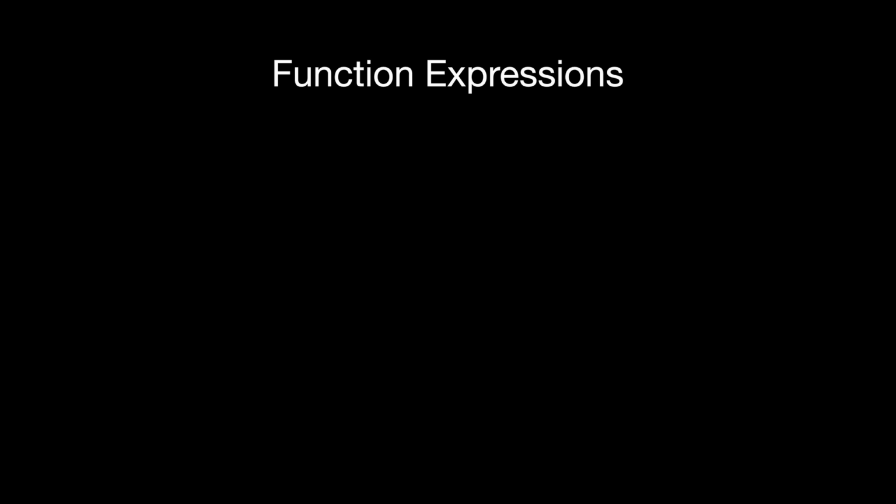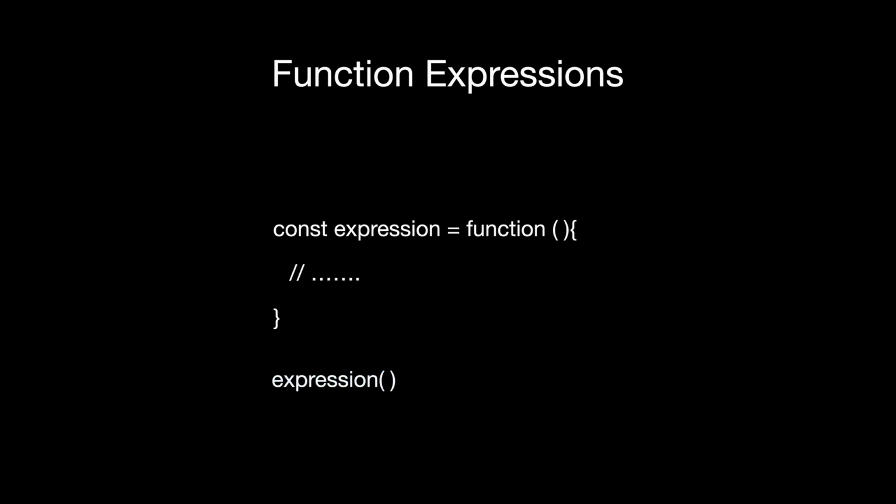So let's say we have a printer in an office and we call it office printer, and whenever you call this office printer, let's say it's going to say printing from office or something like that. So let's see the syntax for it. So the expression variable here is the label, and whenever we call this expression, it is going to perform the same set of actions which are defined inside this function.